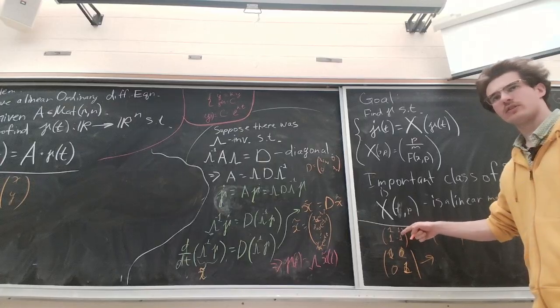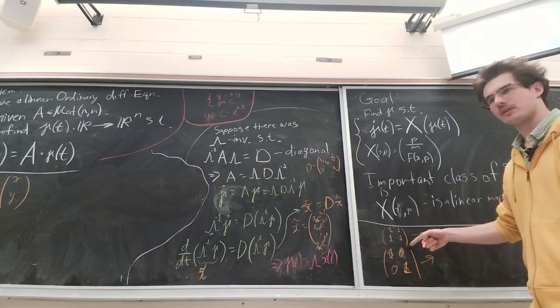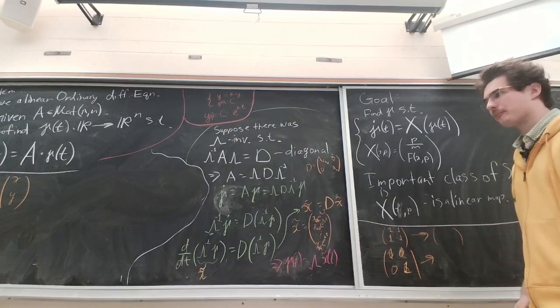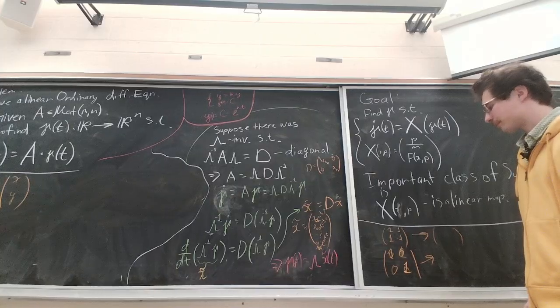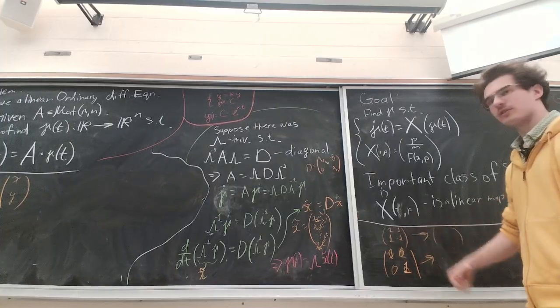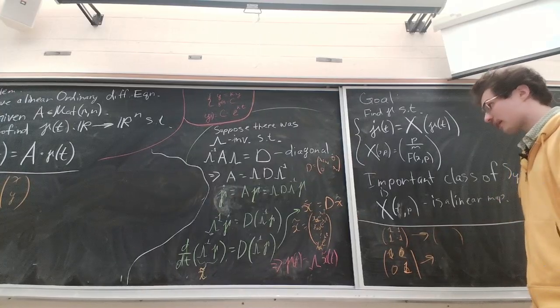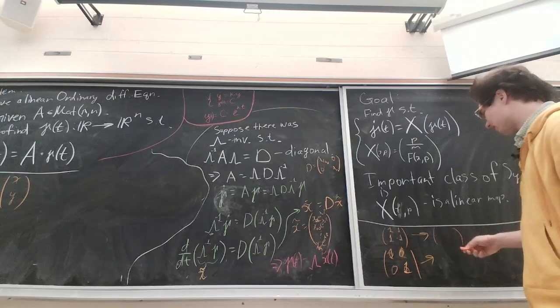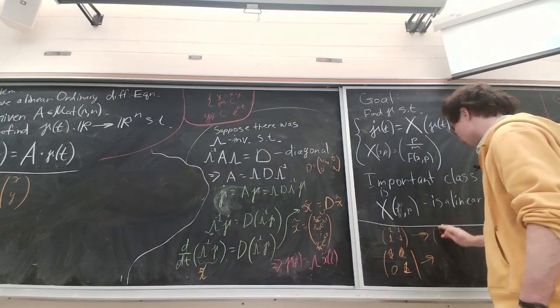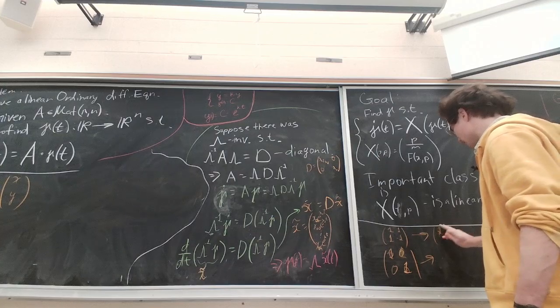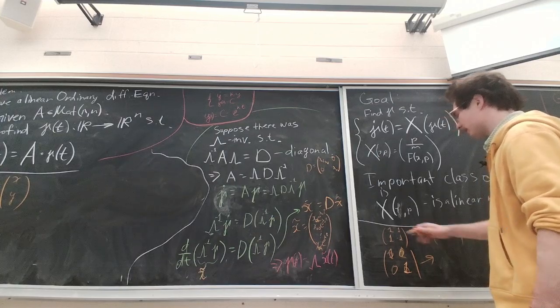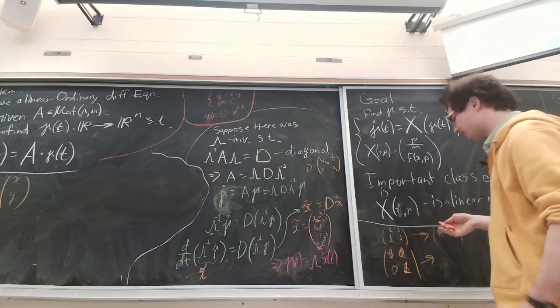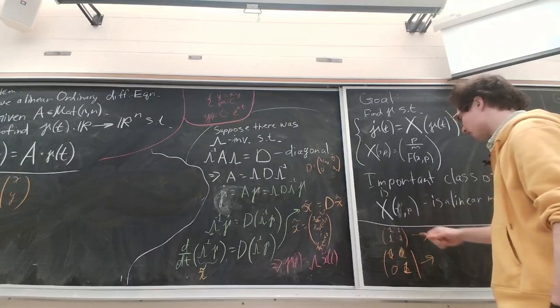What should I do? I should subtract the first row from the second row, right? Oh, yeah, okay, let's add them first, sure. Let's add the bottom row to the first row.